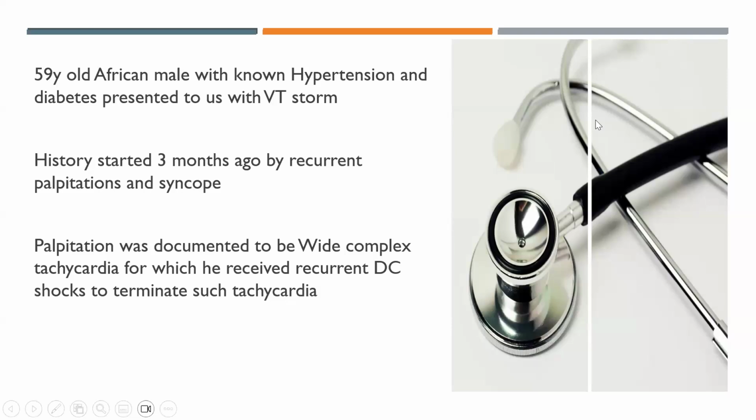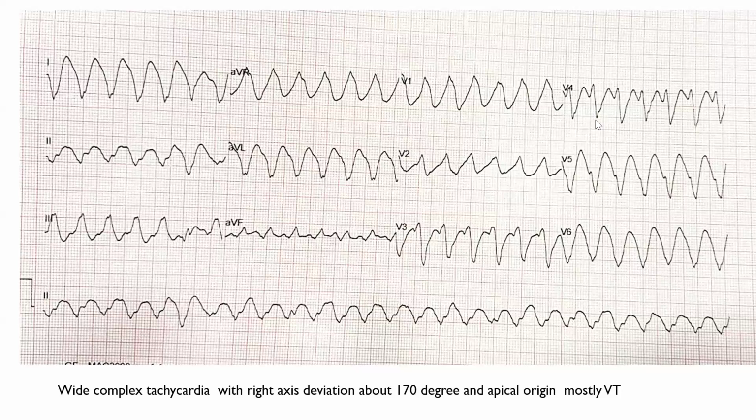His ECG, as you can see, is a wide complex tachycardia, and it's probably VT. It has an odd axis. aVR is positive, and lead 3 is positive.